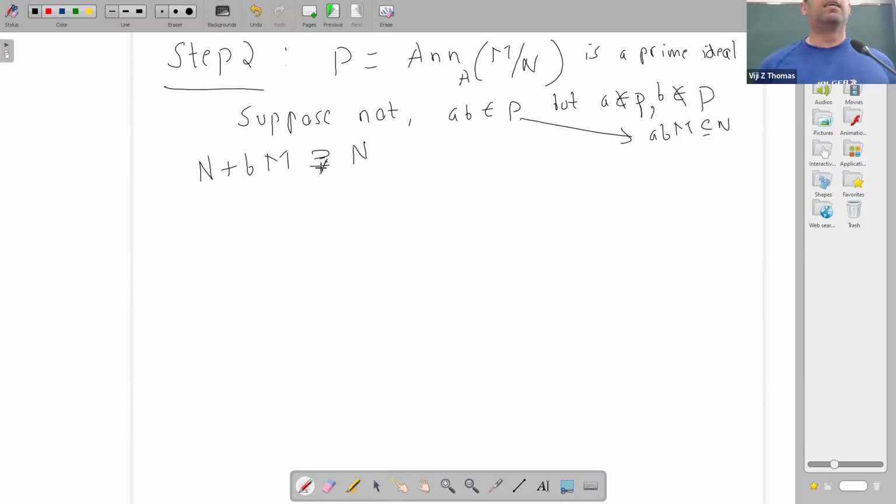All we are getting is that this strictly contains N. This kind of strategy we used yesterday also.